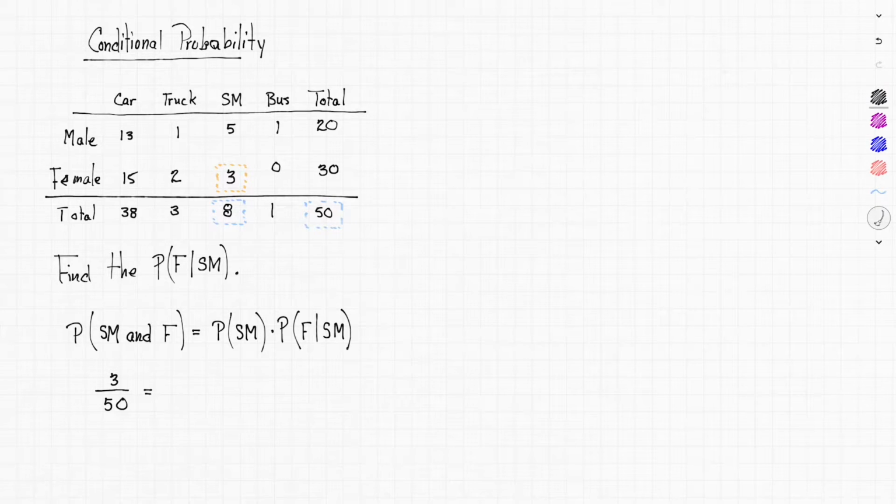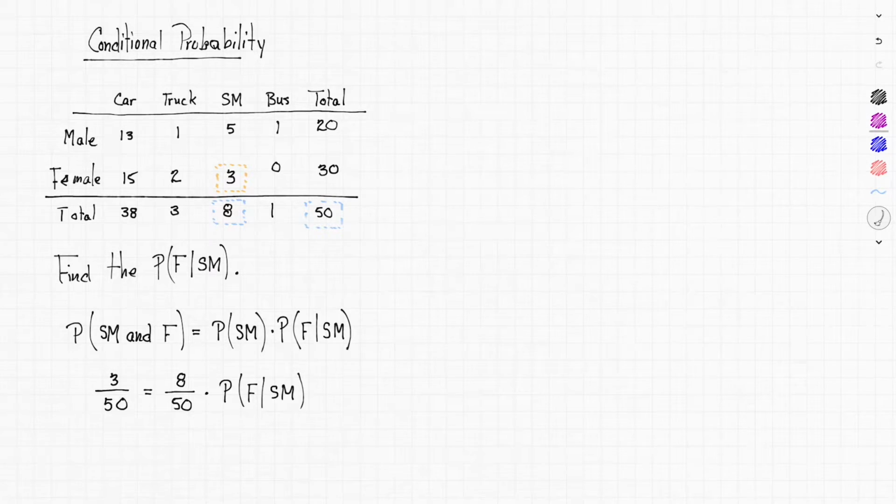Again, I'm using this 50 over here. So the next one is 8 out of 50. And I wouldn't reduce my fractions yet. That's often a last step in probability. Times the probability of drawing a female given that an SUV or minivan driver person, that's a mouthful, has already been selected.